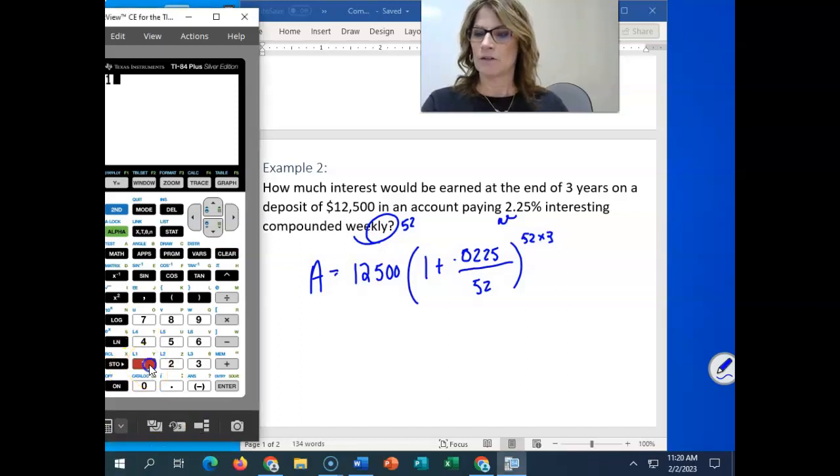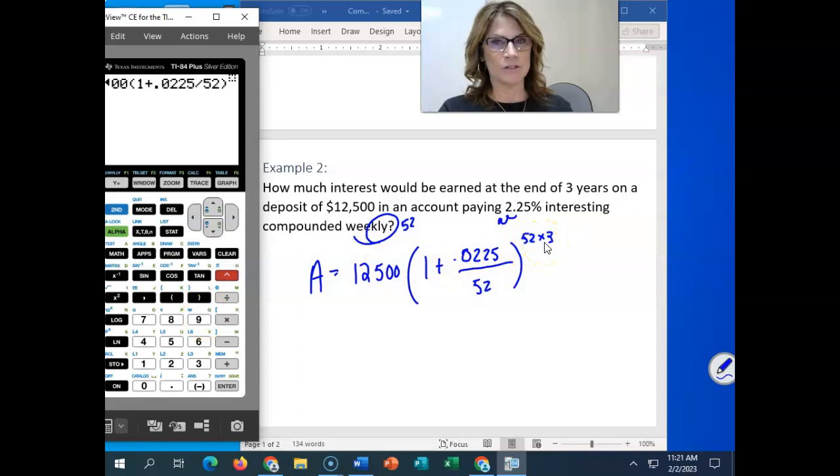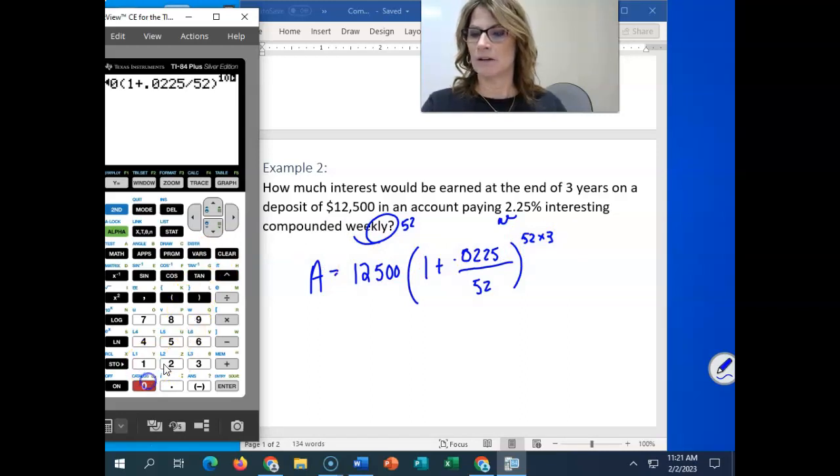Okay, so let's do it. 12,500 parentheses 1 plus 0.0225 over 52 raised to the, and you can put 52 times 3, but I usually just go ahead and multiply it out. So 3 times 50 is 150, 3 times 2 is 6, so that's 156.